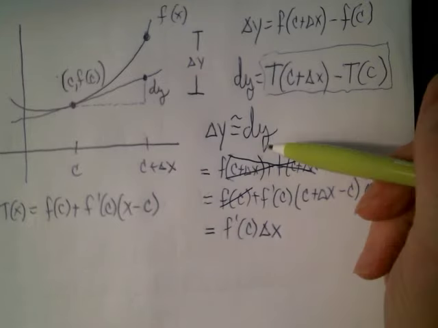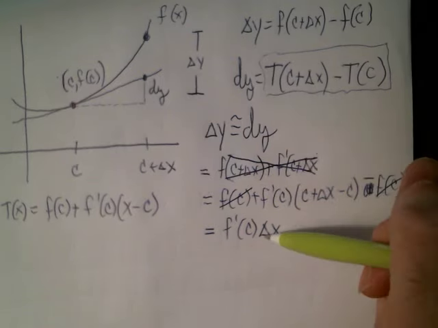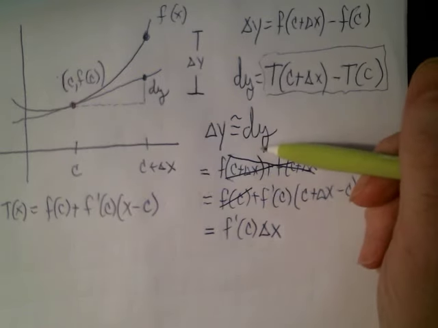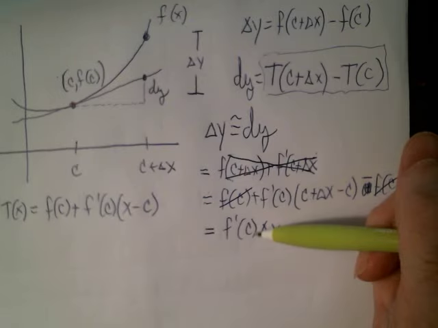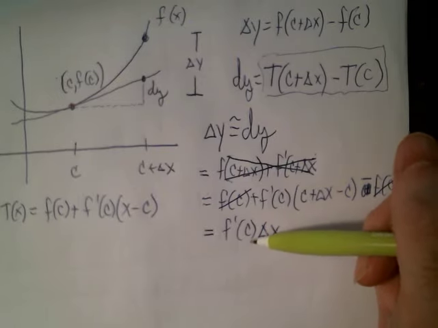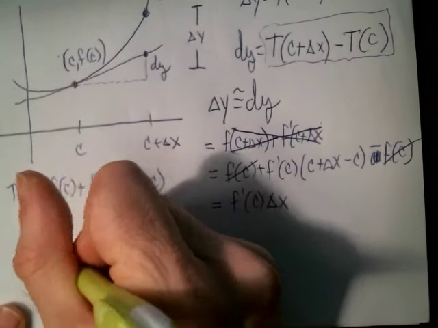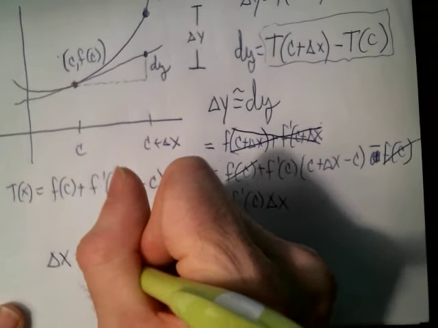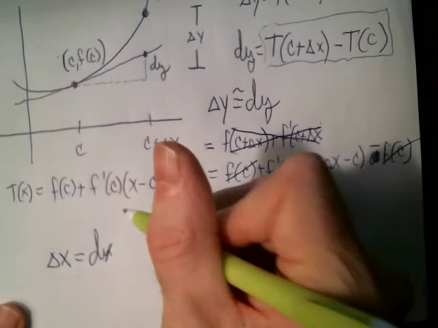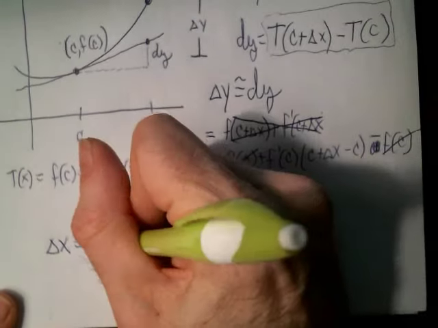So this expression then is kind of an expression for, I guess, the differential of y at c. In general, let's say change in x will always be dx. Okay, we'll just have that definition.